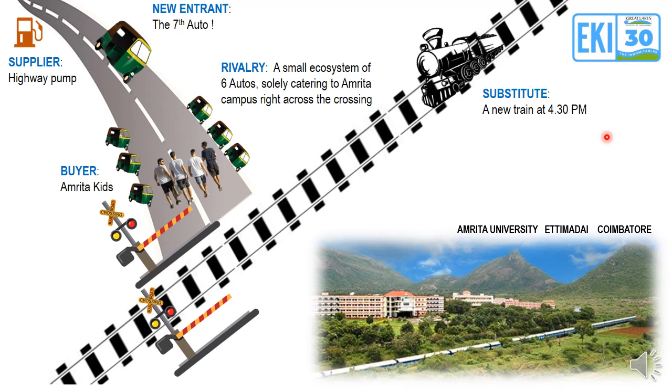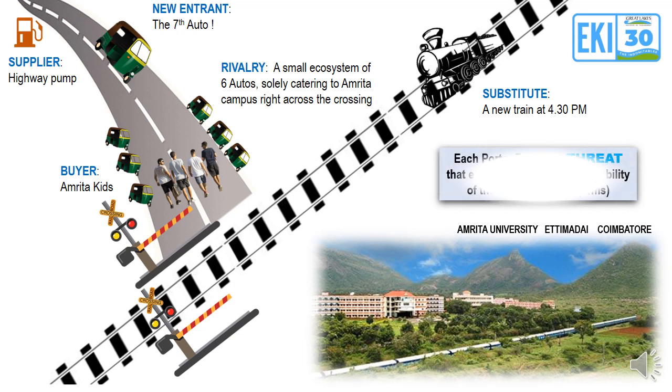That train will take a huge chunk of possible travelers immediately after college to either Coimbatore or Palghat. So these are the five forces which define this small ecosystem, and you would easily find that each of those forces is a threat that eats into the profit making capability of the original six auto rickshaws. You can scale up that to six firms.